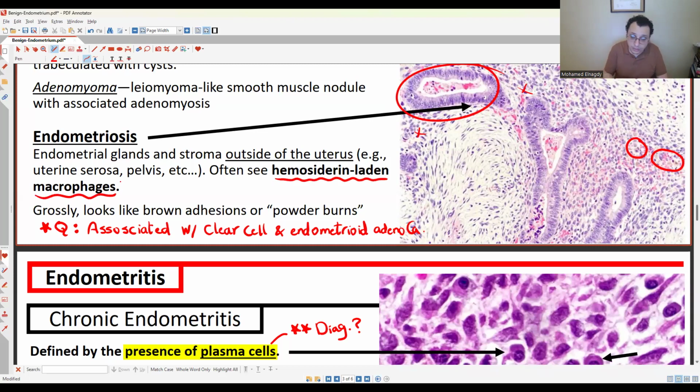The question here, the classic question that is asked by the attendings, it's not really asked in the boards, but it's asked by the attendings: are hemosiderin-laden macrophages enough to call a diagnosis of endometriosis? Yes or no?